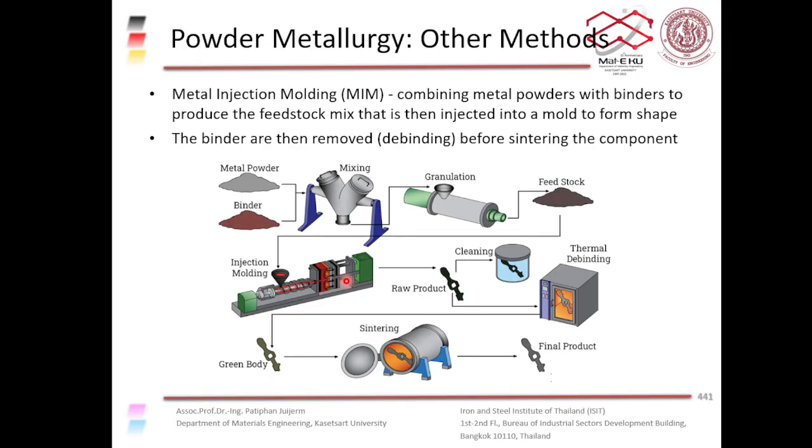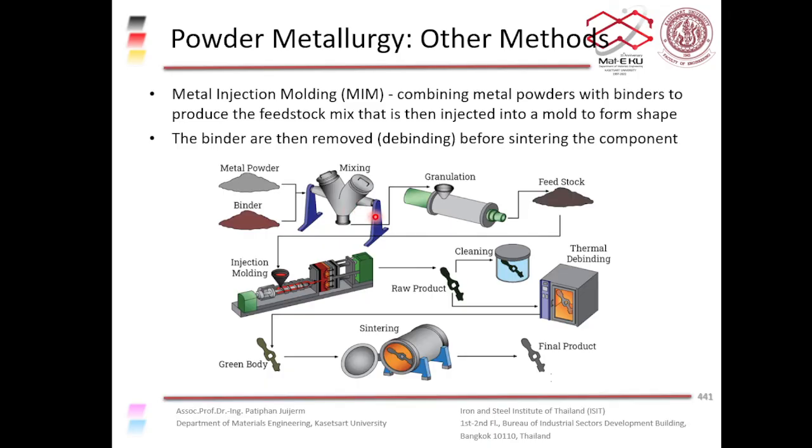So it is really widely used. So the engineers thought that it could be adapted to produce metal parts as well. So basically, you are combining metal powder with binders to produce feedstock, right? You're mixing the metal powder and binder together to produce a feedstock.